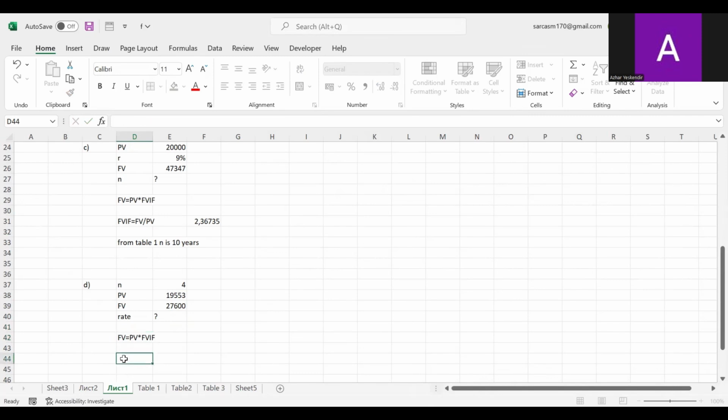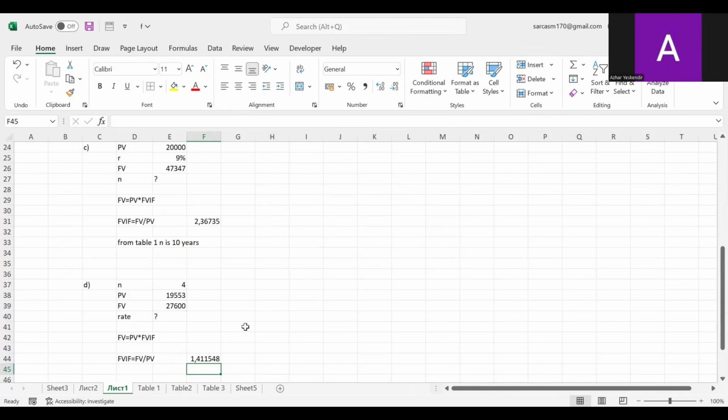And we can derive the future value interest factor: it equals future value divided by present value. So here it is, the future value interest factor.